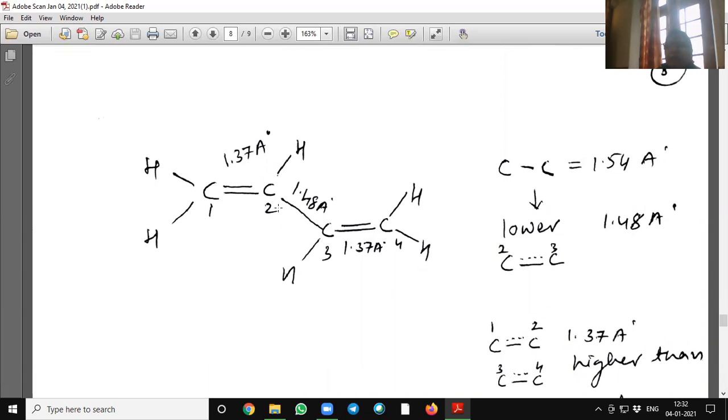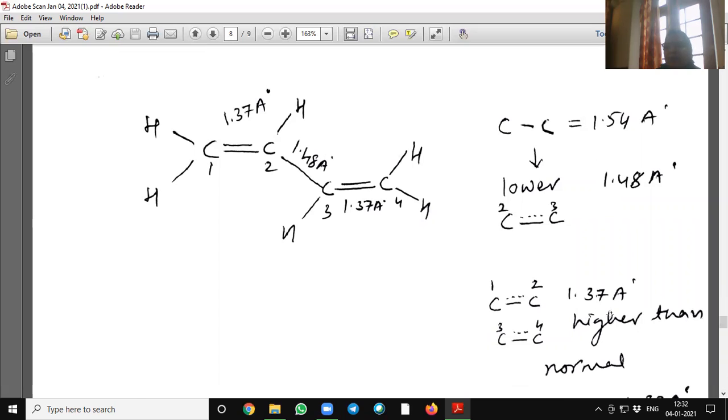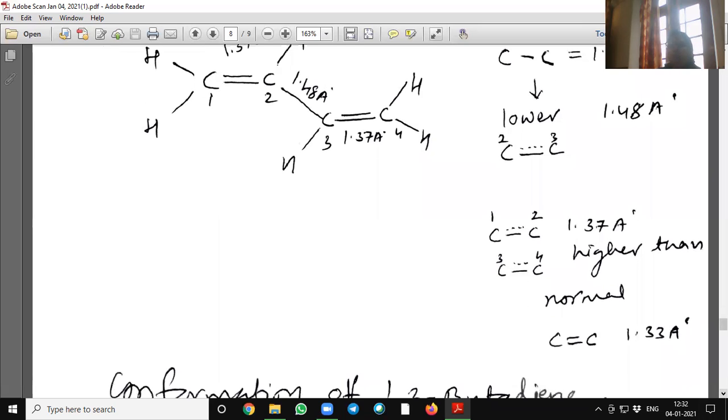The carbon-carbon single bond length is normally 1.54 angstrom, but in 1,3-butadiene it is reduced to 1.48 angstrom due to the partial double bond character arising from the sp2 hybridization of adjacent carbons. The normal double bond length is usually 1.33, but in 1,3-butadiene it is increased to 1.37 angstrom due to delocalization of pi electrons.